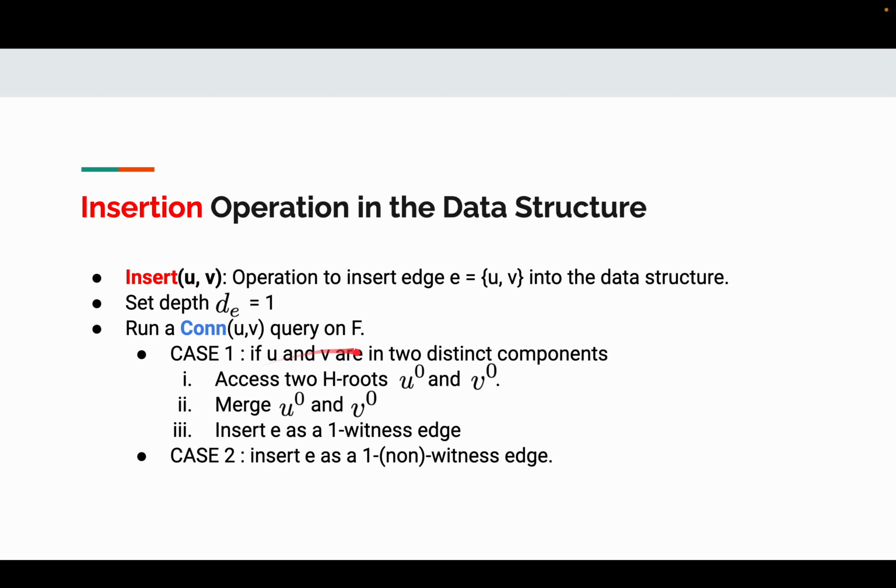Otherwise, if u and v are in the same component, we just insert the edge as a depth-1 non-witness edge. Non-witness just means that it does not belong to the maximum spanning forest. That's quite simple.